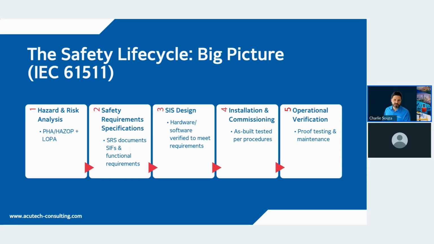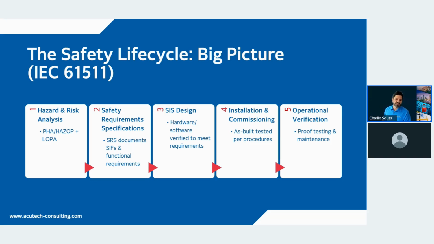And finally, we go through installation and commissioning. So far, you've tested that at design, at FAT, or even at SAT, site acceptance test. Everything looks good. You're still meeting SIL 1, you're still meeting SIL 2, whatever risk reduction factor comes out to be on your LOPA.